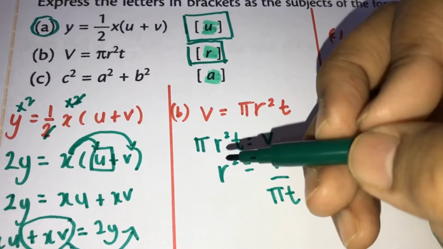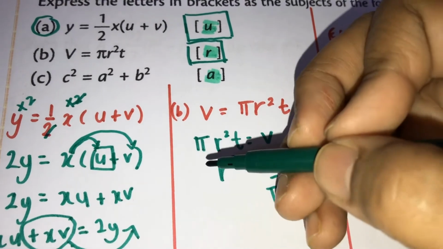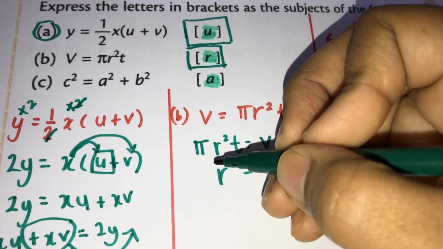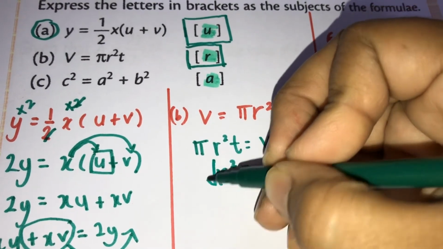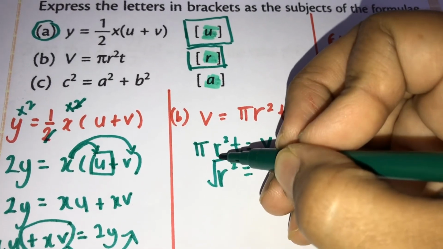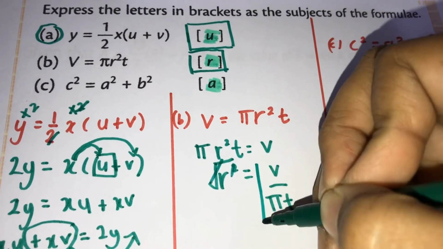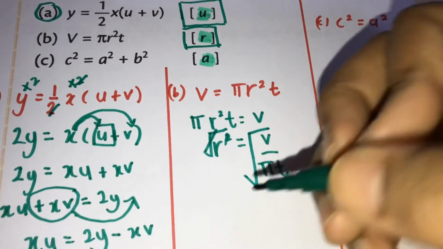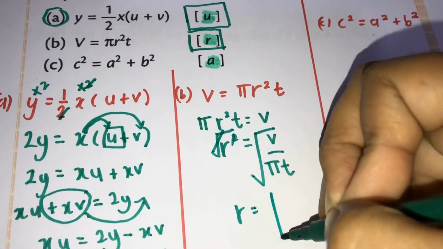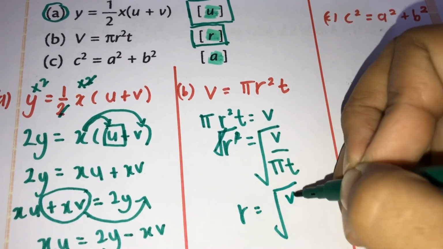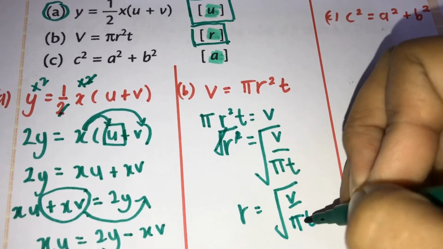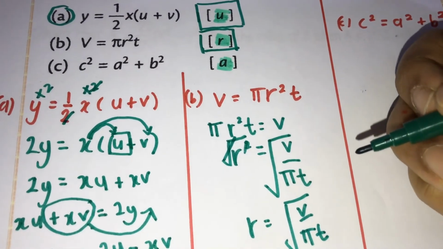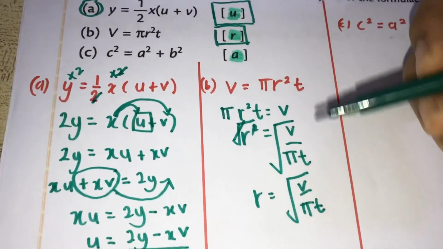If you want to find r alone, you must square root. Remember if you square root this, you can cancel it, so here also square root. So r equal to square root V over pi t. This is your final answer for question B.